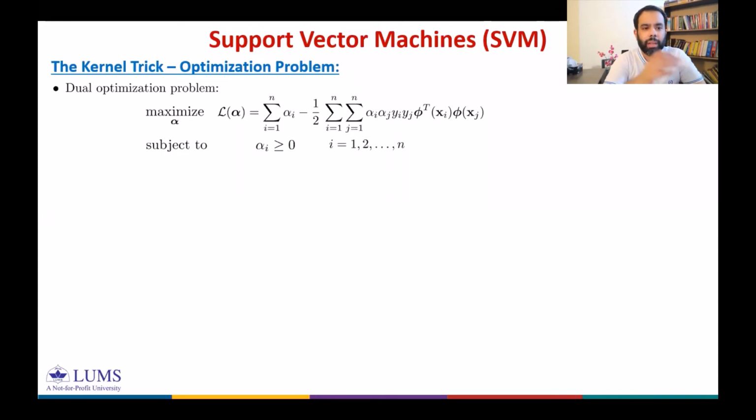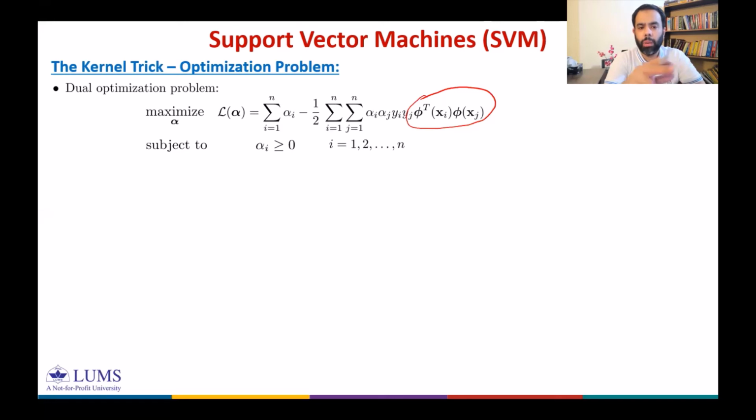Let's incorporate the kernel in the optimization problem. Assume we are in the high dimensional feature space, and there we are required to compute these inner products to solve the optimization problem. So phi of xi is a mapping of xi in the higher dimensional space. Similarly, phi of xj is the mapping of xj to the higher dimensional feature space.